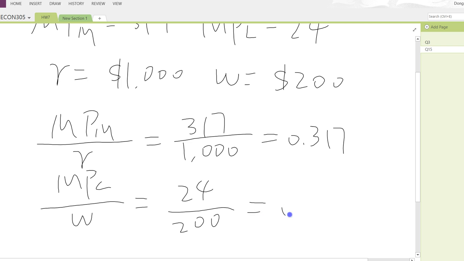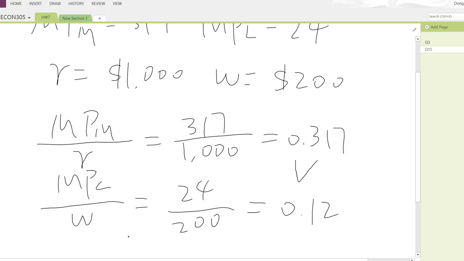That gives me 0.12. So obviously these two do not equal each other, and actually the marginal product of capital divided by the price of capital is greater than the marginal product of labor divided by the price of labor. So this means the firm is not minimizing the cost.